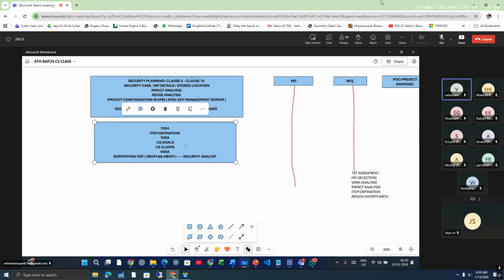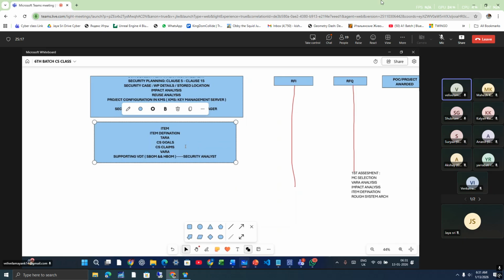Your role, what you are owning and what you are responsible for. You are mainly given the item, and actually you are not responsible for it, but you need the item. Based on that item, you will define your item definition. Then you will start your TARA part, then goals and claims and VARA.